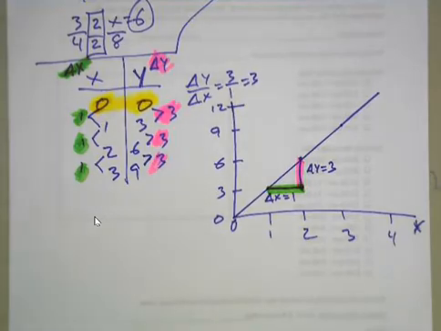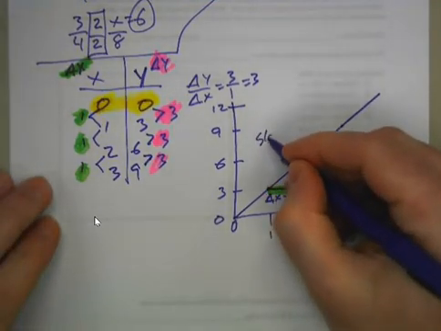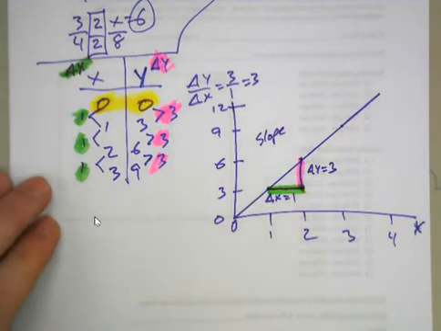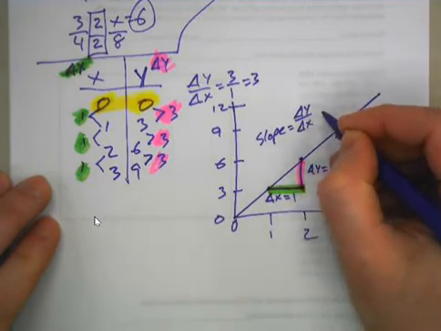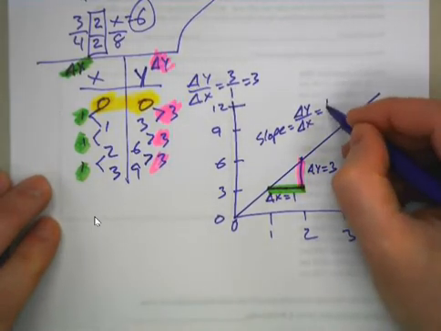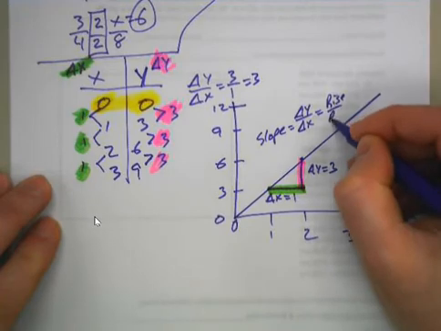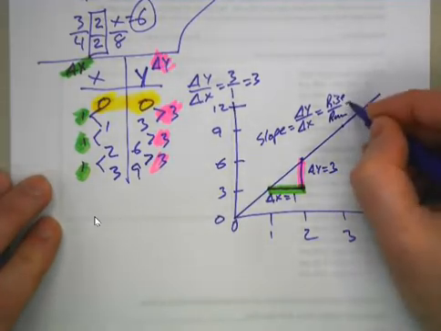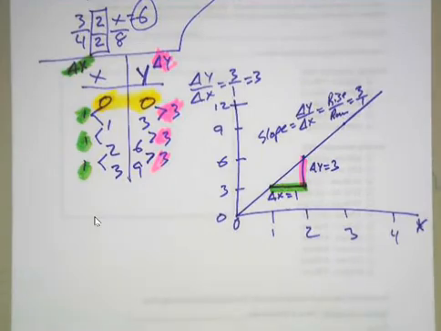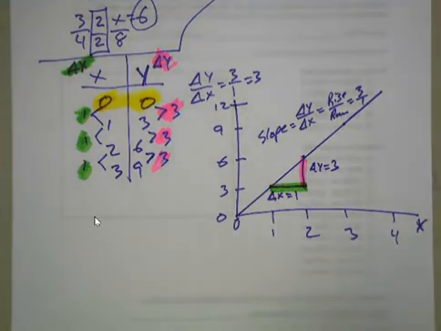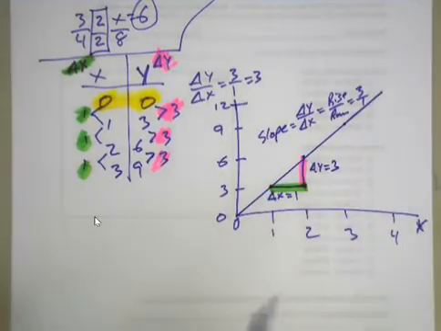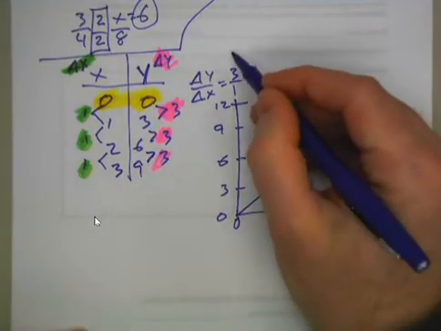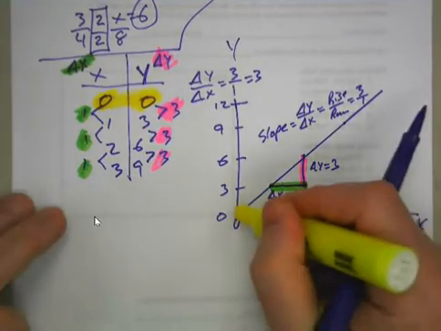Our slope of the line, or the steepness of the line, is our delta y over delta x, which is our rise over our run, which becomes 3 over 1. And then when we look at this line to determine whether or not it is proportional, we look at where the line crosses the y-axis, and the y-axis is the axis that goes to the sky, and it crosses at 0, 0.